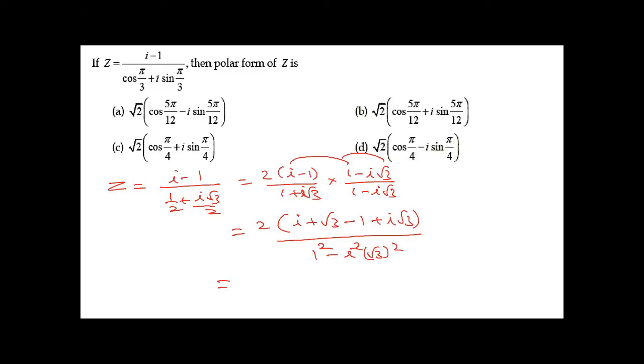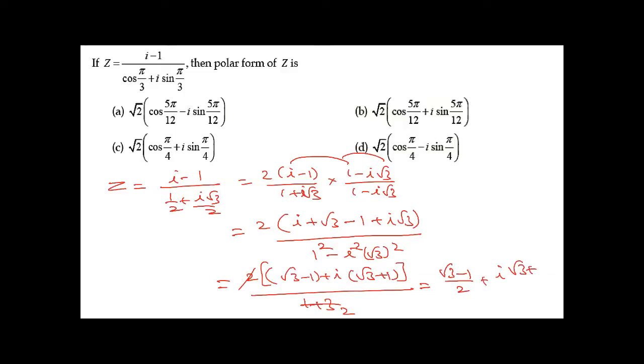So finally you get the numerator as 2 into (root 3 minus 1 plus i into (root 3 plus 1)) by 1 plus 3. So 1 plus 3 is 4, and you can cancel 2 times. So (root 3 minus 1) by 2 plus i into (root 3 plus 1) by 2.